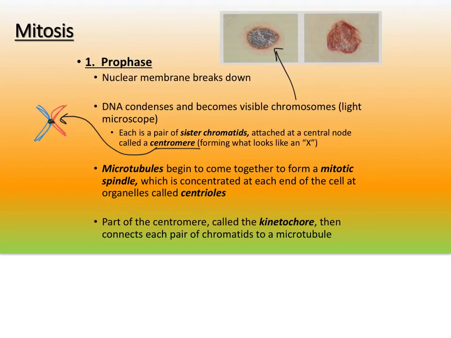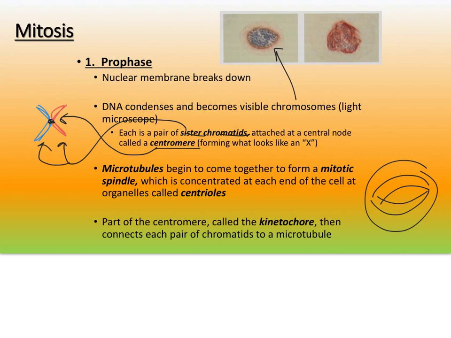The sister chromatids would be each half of this X, the blue and the pink. Meanwhile, in the cell, we start to develop a mitotic spindle, a football-shaped grouping of microtubules that are anchored at either end by an organelle called the centrioles.